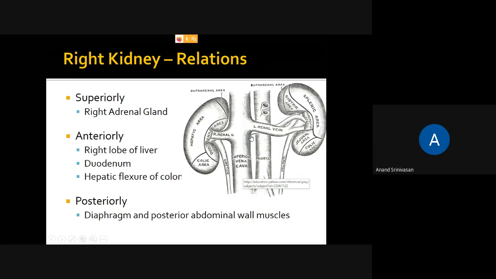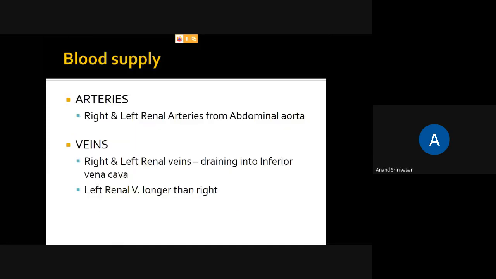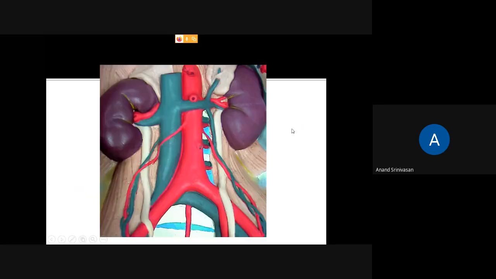That is the right and left renal arteries. Where does this renal artery arise from? It arises from the abdominal aorta. Here you can see the abdominal aorta, and this is the right renal artery and this is the left renal artery.